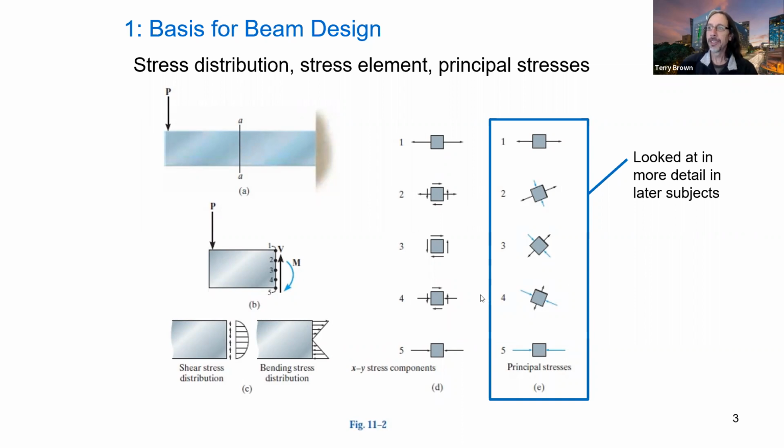The part on the right here is looking at principal stresses and how stresses vary as we look at the stresses upon different orientations. You don't need to worry about this for this subject, but just be aware that where we have, for example, part way through the beam, so not right at the top and not at the centroid, we've got combined stresses.